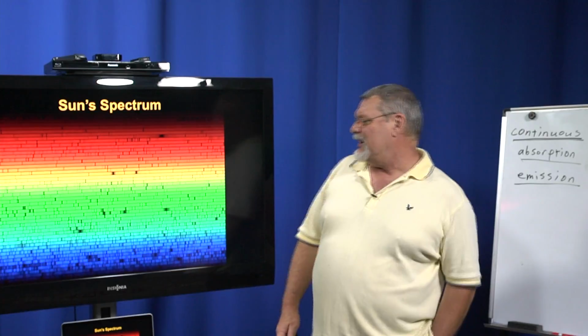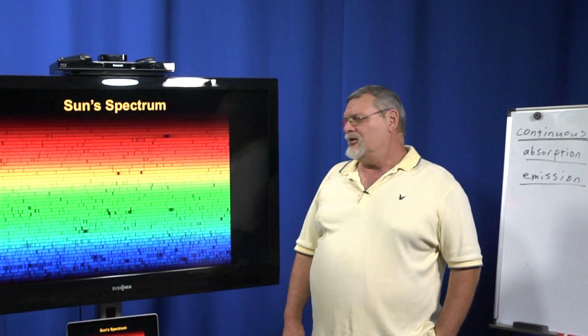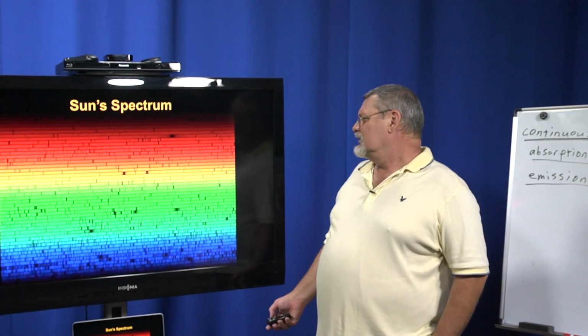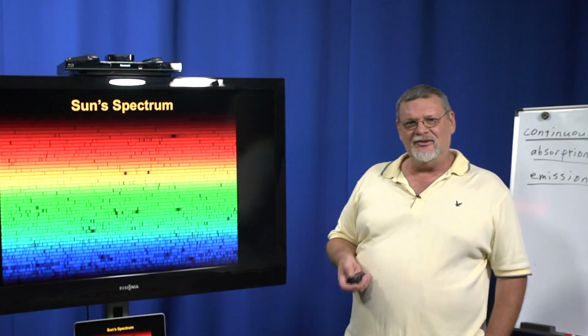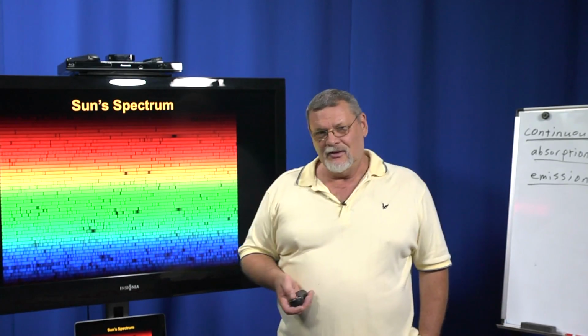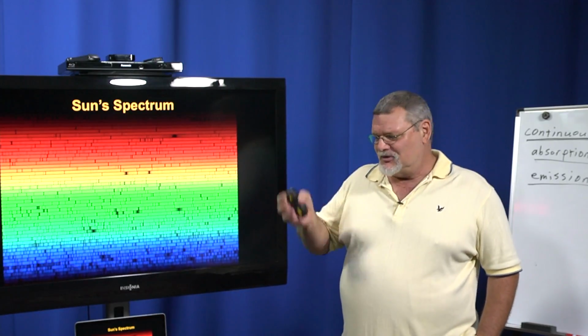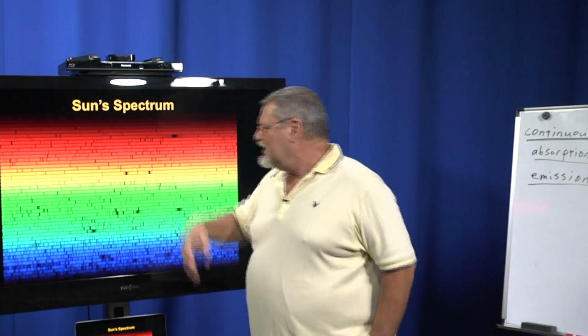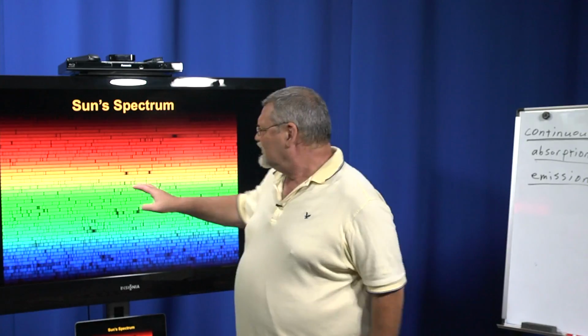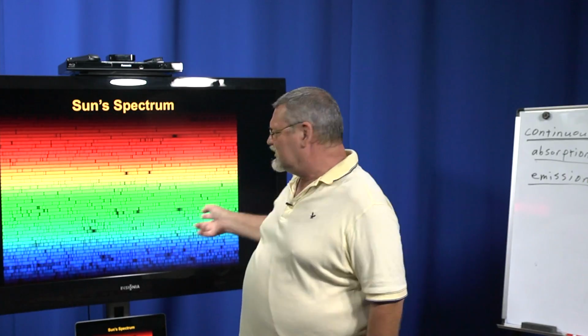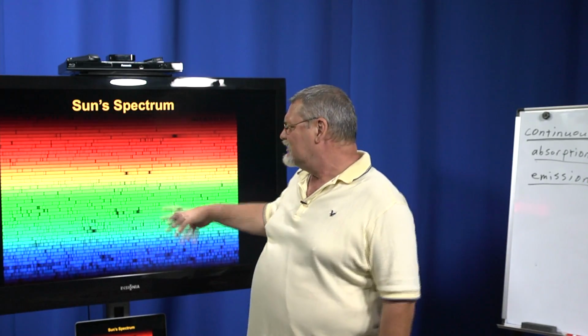This is the sun spectrum. Now, you would think that if it's giving off light, why isn't it an emission line spectrum? Because it should just be radiating in these particular lines. It's an absorption line spectrum. I'll tell you in just a second. We've put the sun's light through a prism, and this is what we see.